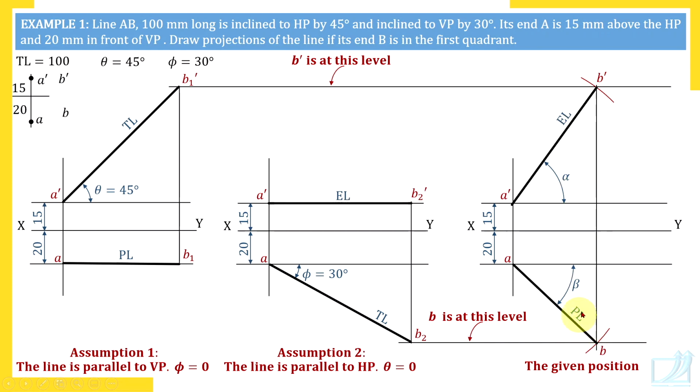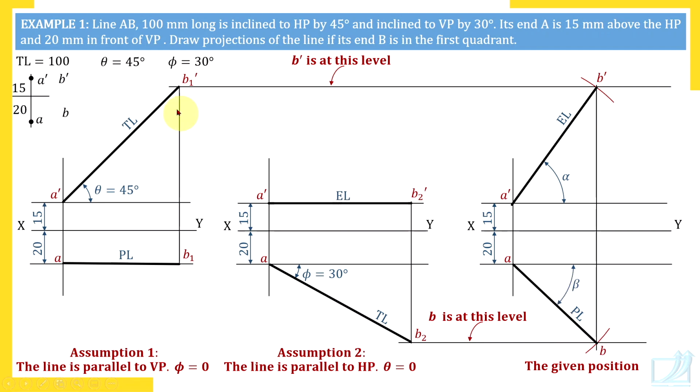EL and PL are called apparent lengths. Apparent means that is what appears and not true. Alpha and beta are called as apparent angles. Line appears to be inclined to HP by angle alpha, but no, actual inclination is theta. So theta is true inclination and this is apparent inclination with HP.